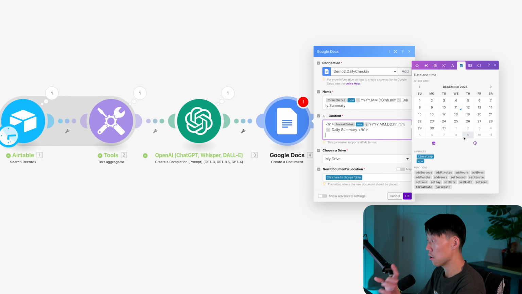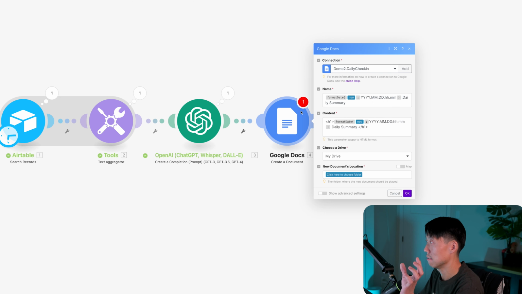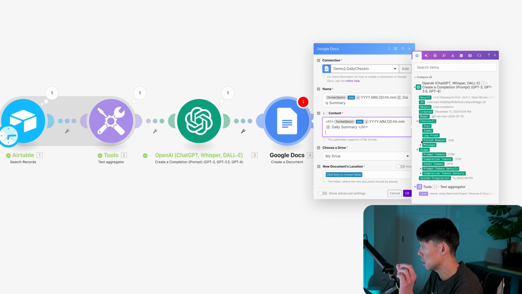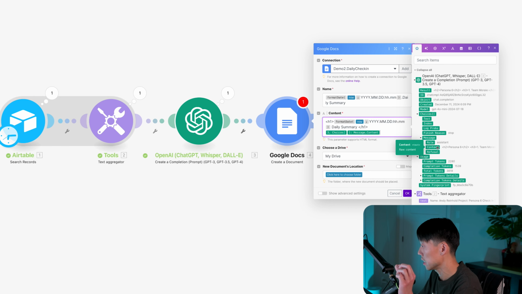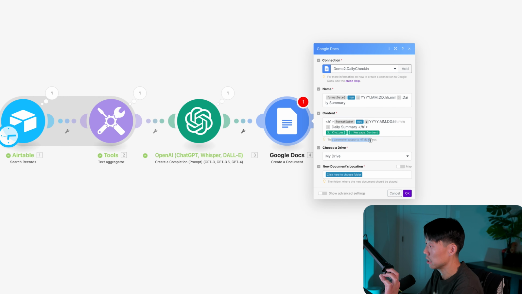And then now I'm going to input my data from ChatGPT, which is going to be under choices, message, and content. And now, as you can see, all the HTML tags are there. And you see this little message, this parameter supports HTML format.